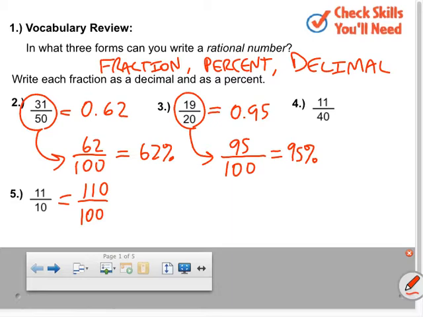Can somebody help him out? Because I think once he sees the answer, he's going to be like, oh, really? Rudy? Oh, you got for the decimal when you divide it out? 1 whole and 1/10, right? No, that's correct. But I'm looking for the percent. What is this written as a percent? Who's got this? Timothy? 110%.